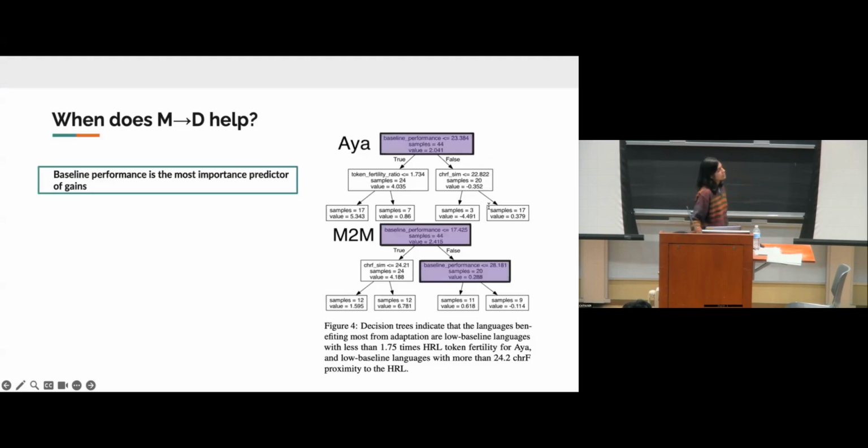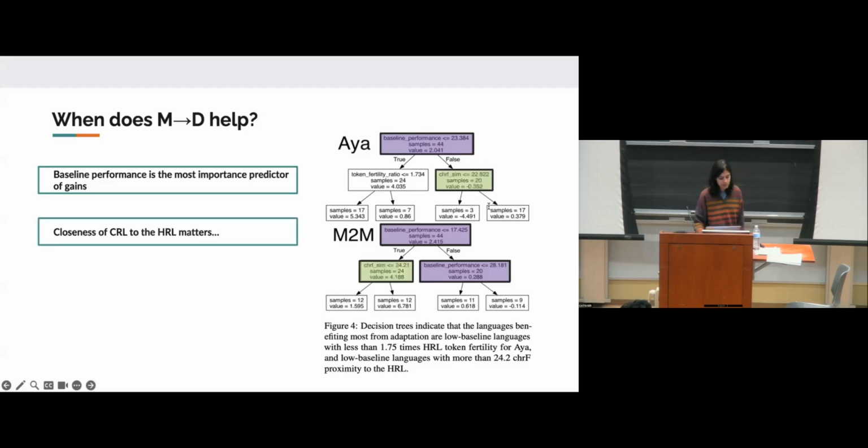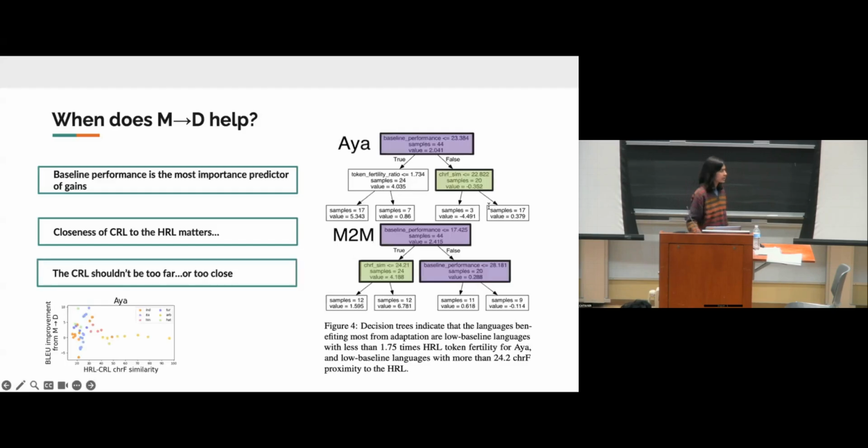And we find that baseline performance is the most important predictor of gains, right? So if the language was performing badly to begin with, it's much more likely to gain from our methods. And next, its closeness to the high resource language matters in an interesting way. If it's too far, that's not good. If it's too close, that's not good. But there's basically a middle spot.